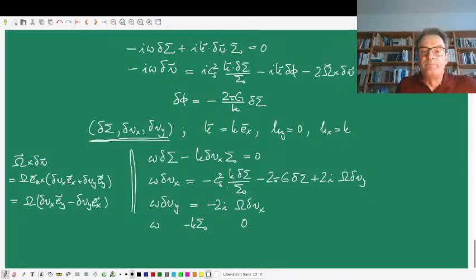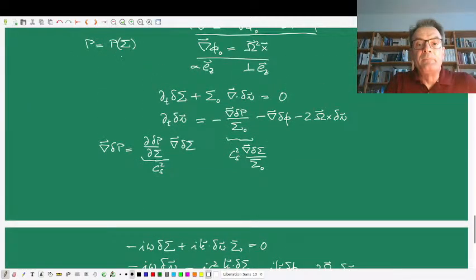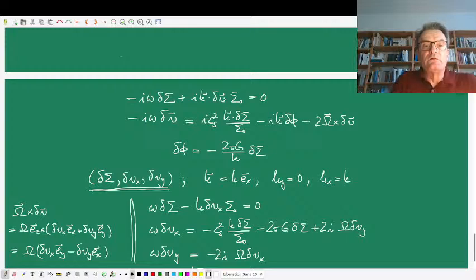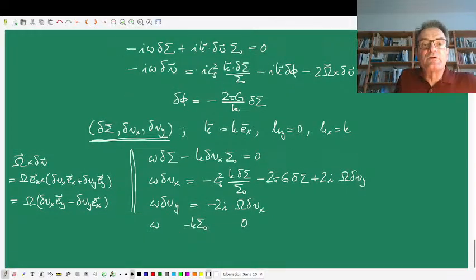Okay, now did I make a sign error here? Yes, I did. Look, the potential, the pressure gradient must have a negative sign. So this means that this term must also have a negative sign. And since I divided by minus i in order to get here, there must be a positive sign here.